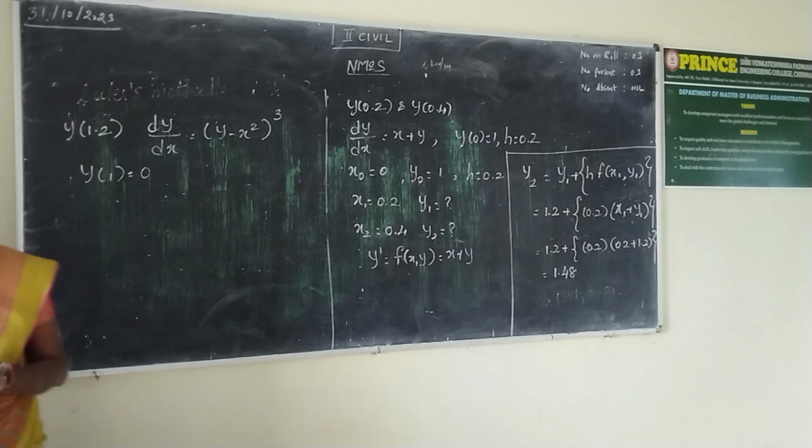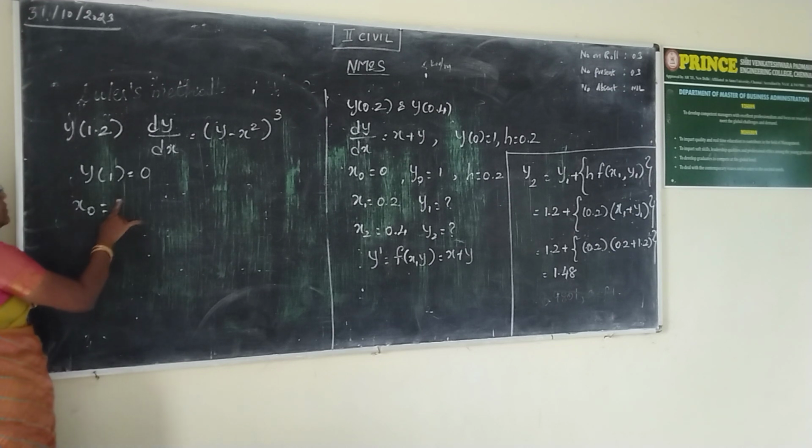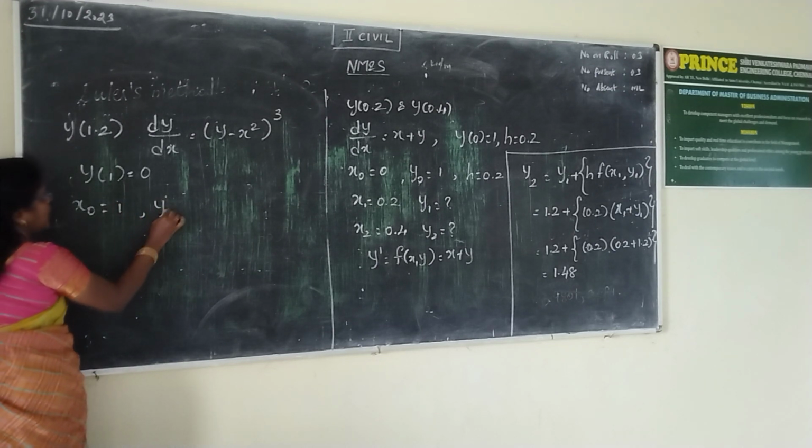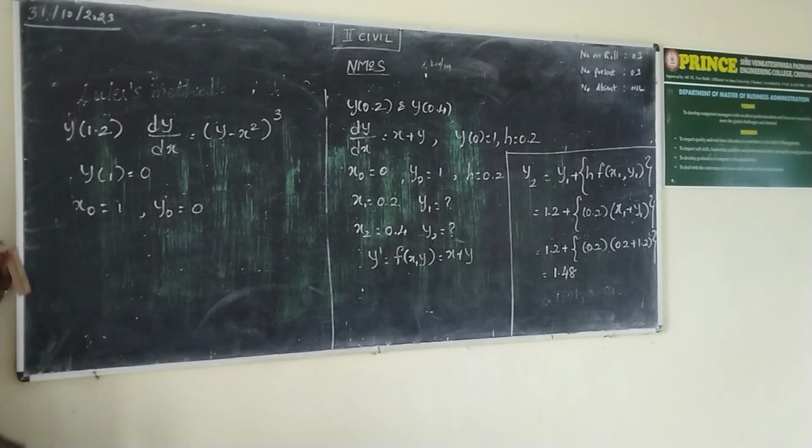What are the initial values you identify? x naught, y naught and h. What is x naught? x naught is 1. What is y naught? 0. Is the h value given? No. So assume the given x value as the next one.